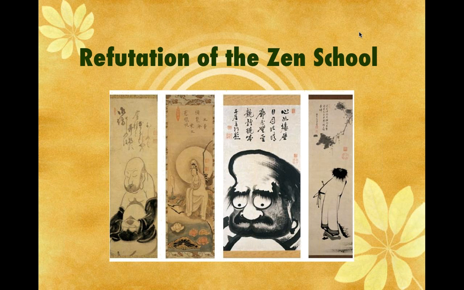Then we went back and looked at the different time periods, these five sets of 500-year periods that Nichiren talks about in this particular writing. We look at how they apply as a practice model for the different types of practices of the Lotus Sutra throughout time, up until Nichiren's time.